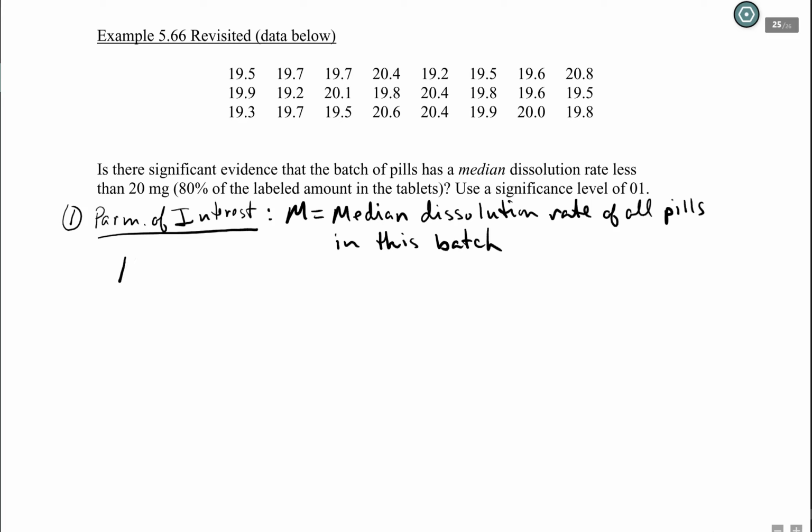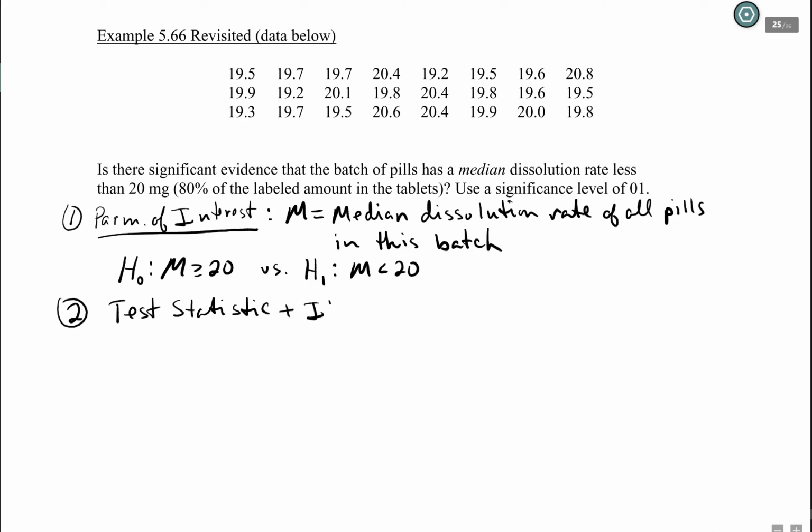The hypotheses are as follows: the null hypothesis is that M is bigger than or equal to 20, versus the alternative that M is strictly less than 20. Okay, so moving on here, number 2, our test statistic and its distribution.